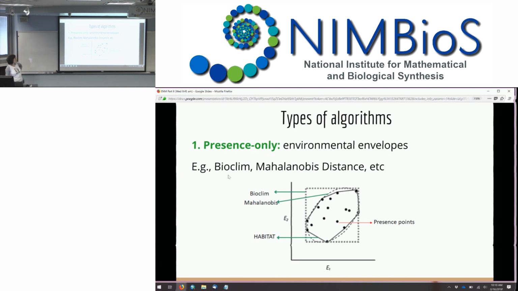These are methods like BioClim and Mahalanobis distance that use multi-dimensional, not just two, but I'm showing two environmental dimensions, and then presence points, and then fitting an envelope that can be as simple as a square or more tightly fitting the presence data. So this is dealing with, I have only presence data, I don't have anything else. How can I come up with some estimation of what is suitable for the species and what is not suitable for the species in this environmental space?